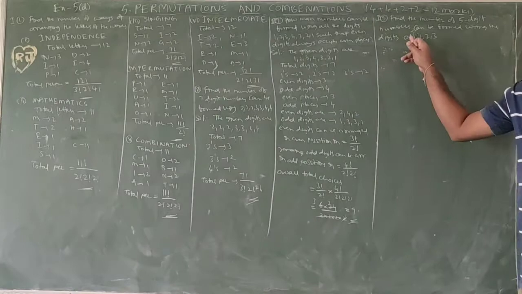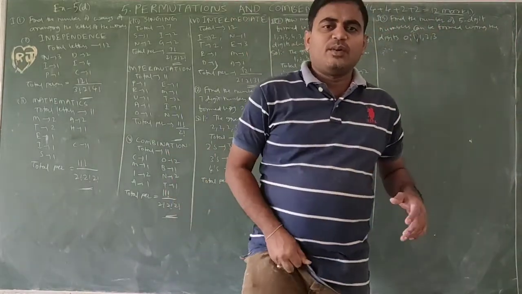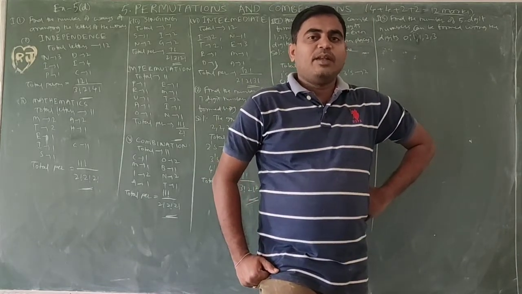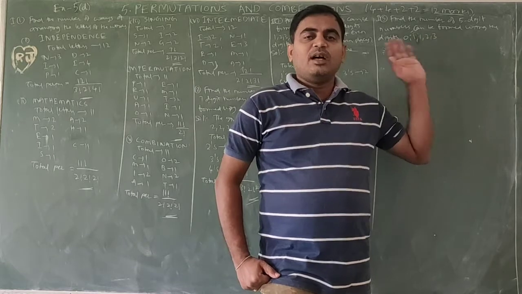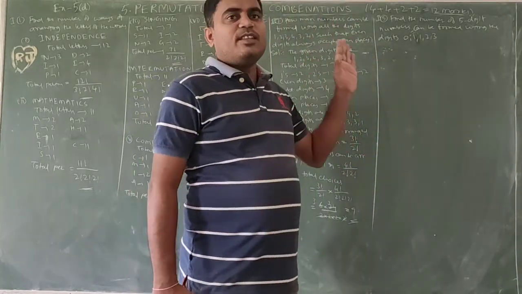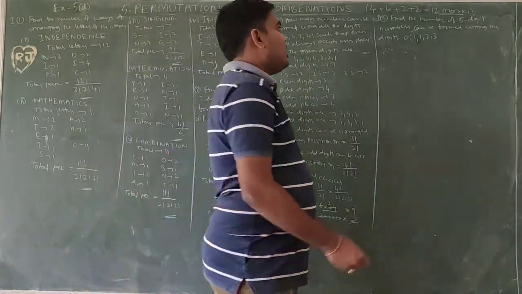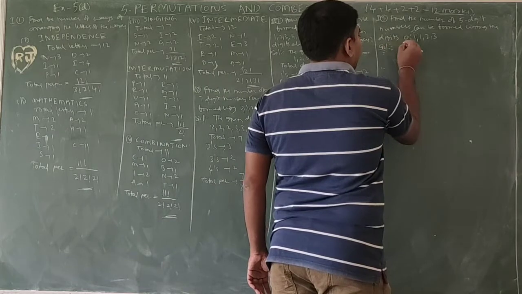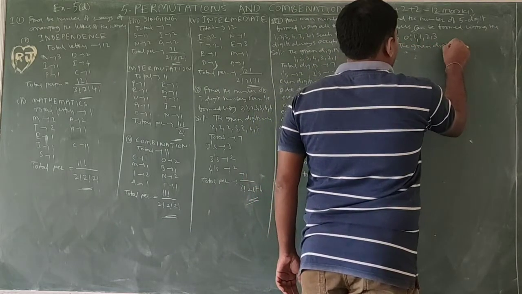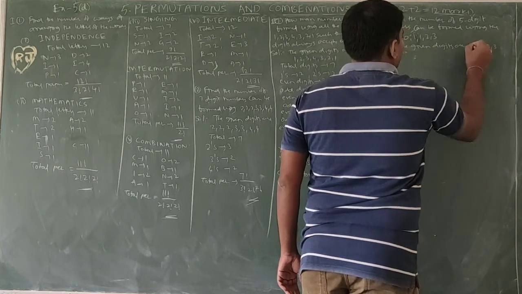So if it were other than 0, we could write easily 5 factorial by 2 factorial, but it is 0, so that is the problem that will arise. 0 won't be in the initial place. It won't start with 0. If it starts with 0, it is not a 5-digit number, it is a 4-digit number. So I am taking the solution. The given digits are 0, 1, 1, 2, 3.